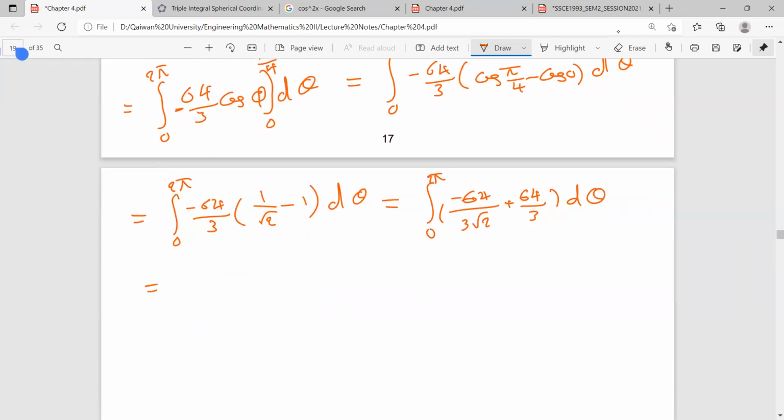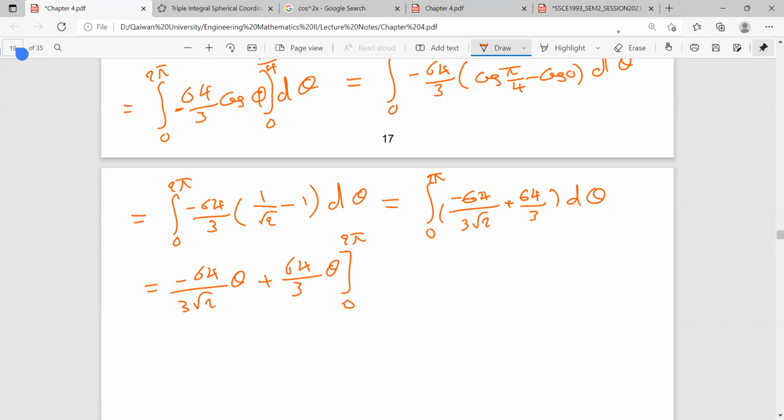It equals minus 64 over 3 square root of 2 theta. When we take the integration with respect to theta, these are constants. We just multiply them by theta, plus 64 over 3 theta, from 0 to 2 pi. You first replace theta by 2 pi, and then you replace by 0.